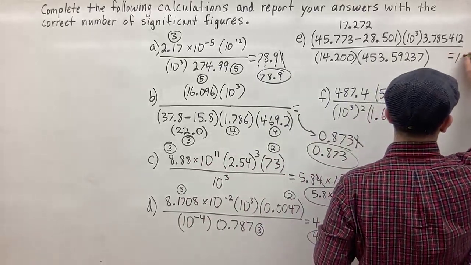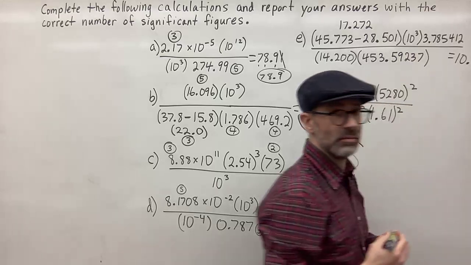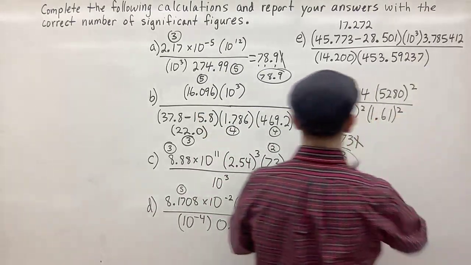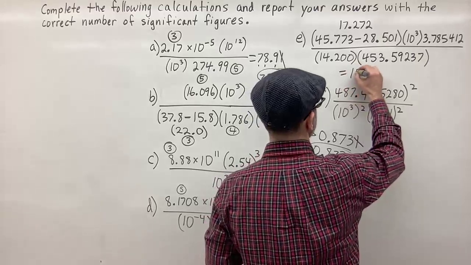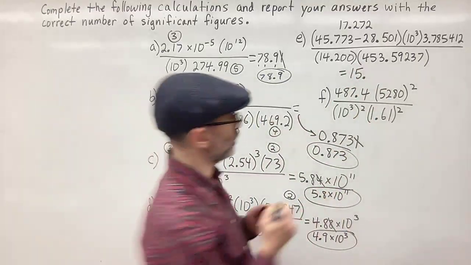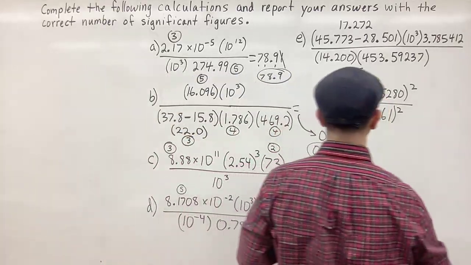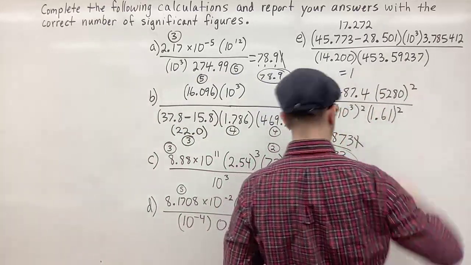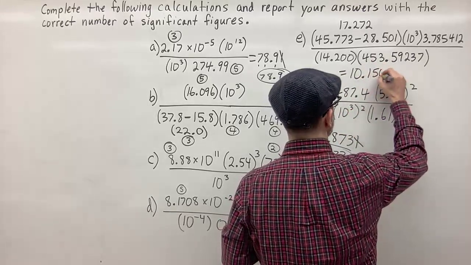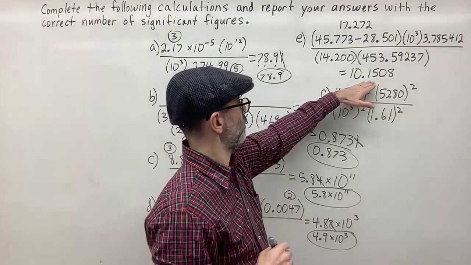So this is equal to 10.1508. And so now the question is, how many digits am I allowed to keep?